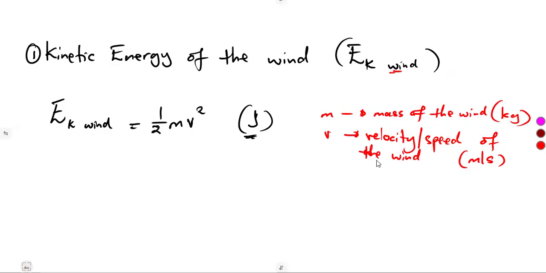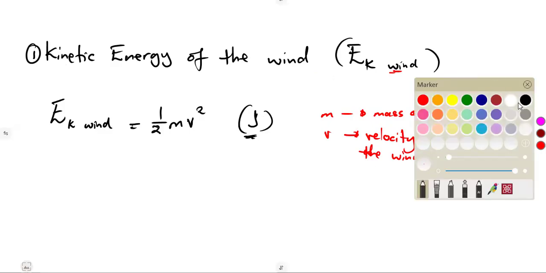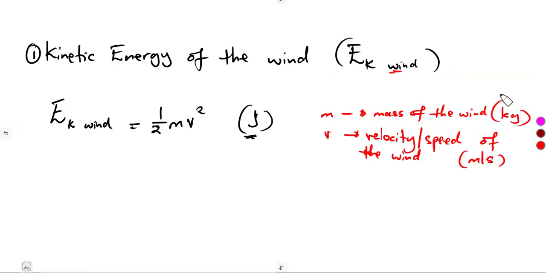So that's how we've got the kinetic energy. The mass must be considered, velocity also. Then we also consider the power, which is now generated, the power of the wind.